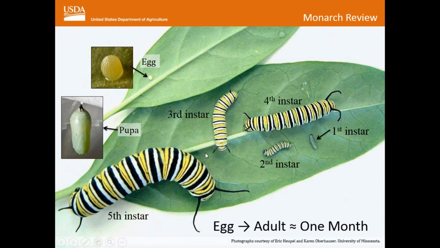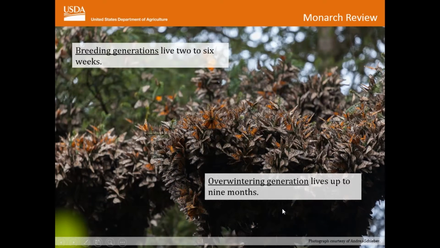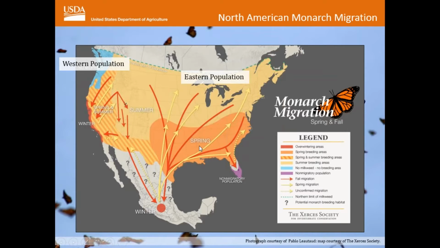So fairly high mortality rate. And this is showing a little bit more of the overwintering in Mexico, but the breeding generations only live 2 to 6 weeks. So it's a very interesting migration that they go through.